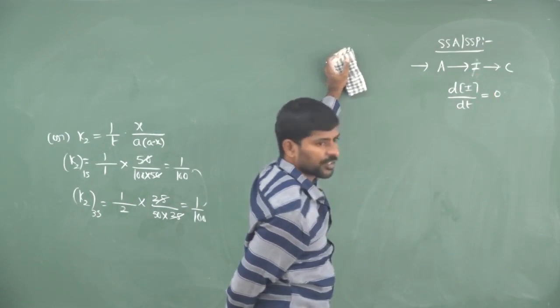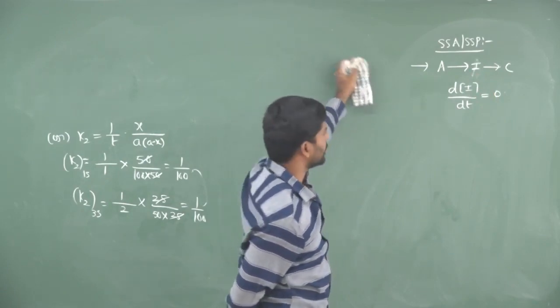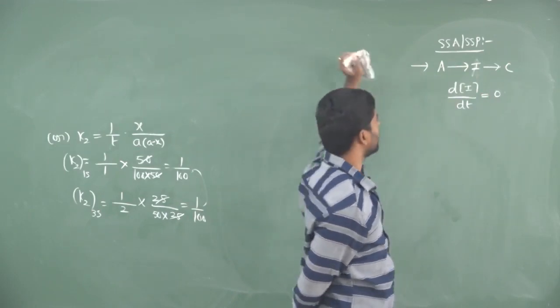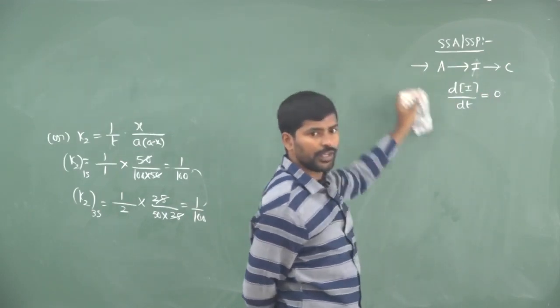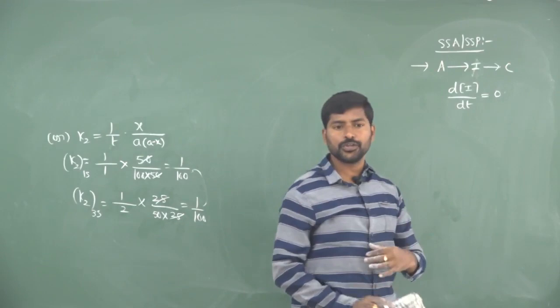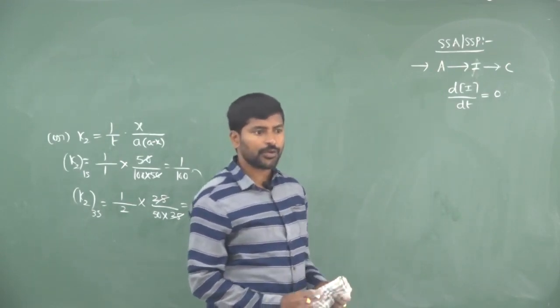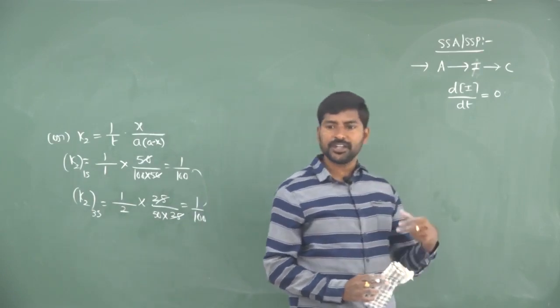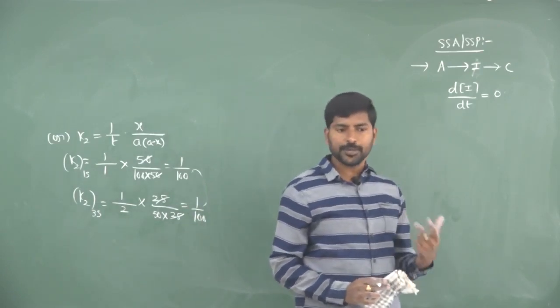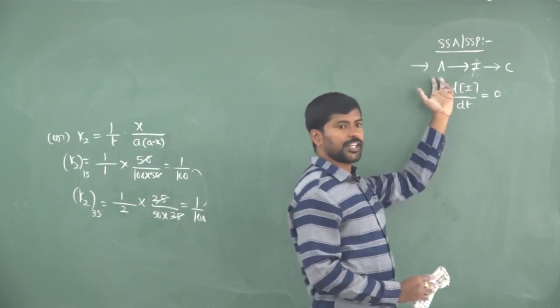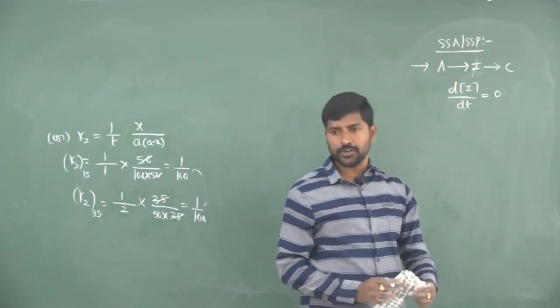So the intermediate concentration remains constant, and the differentiation of a constant is 0. Okay, that is steady state approximation. It is useful to derive the rate equation for complex reactions. If the rate determining step is not known to us, then we can calculate the rate equation by using steady state approximation.